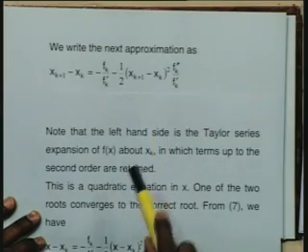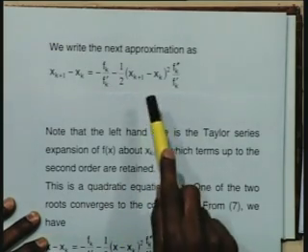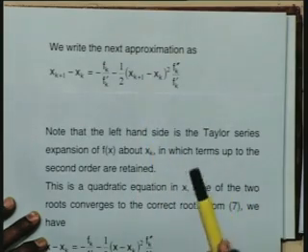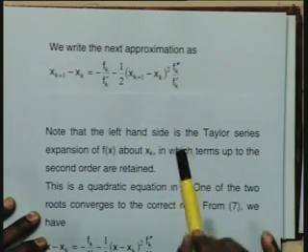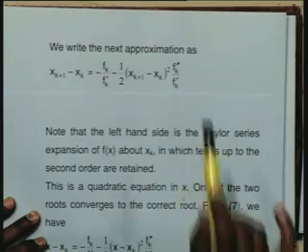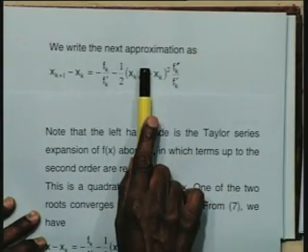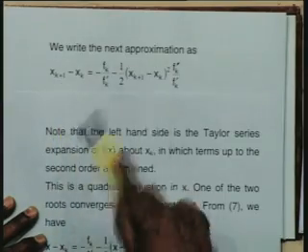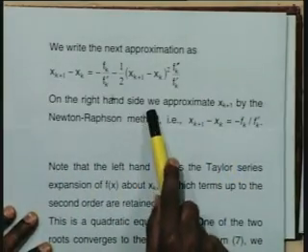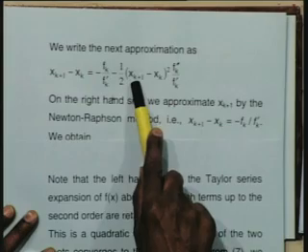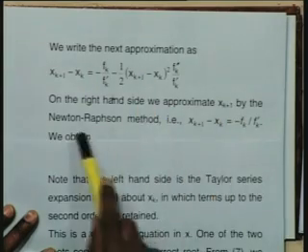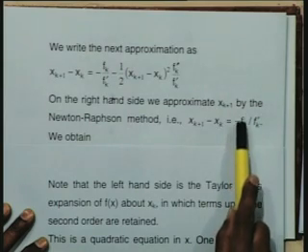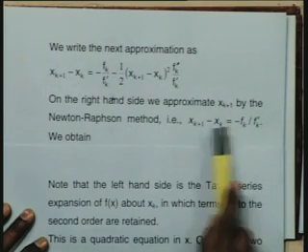It is here I will make an approximation wherein I use one of the approximations which is surely converging to the root, either the Newton-Raphson method or a secant method, so that it becomes explicit. The left hand side is only xk plus 1, and the right hand side will be in terms of xk only. On the right hand side we approximate xk plus 1 by the Newton-Raphson method, that is, xk plus 1 minus xk is minus fk by f prime k, that is our Newton-Raphson method.